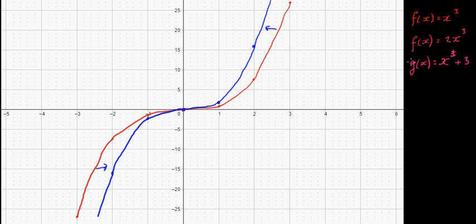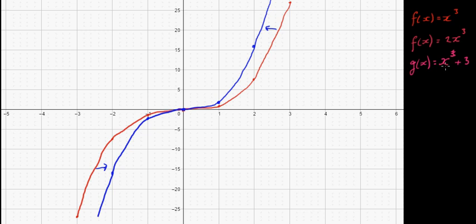So this is our basic function, which is in red here. What happens to that red graph when we just add 3 to it? Well, really what's going to happen is all of these y values that we had originally are just going to increase by 3. So let's pick a different color here. Let's say we have 0 and we put it into this function.